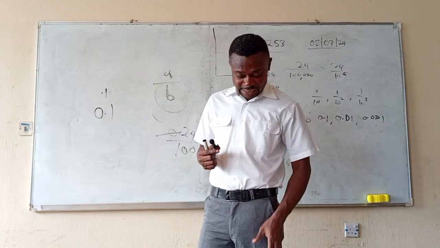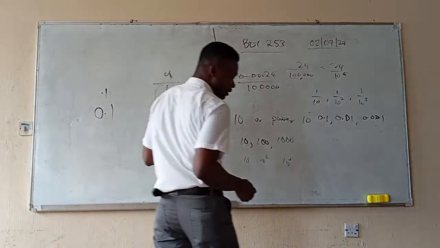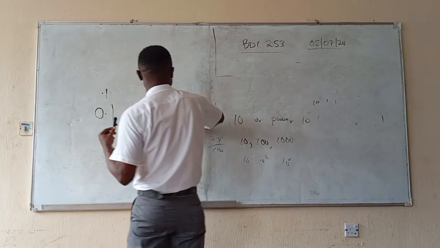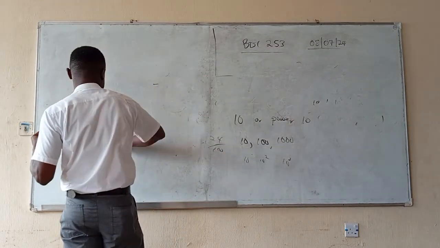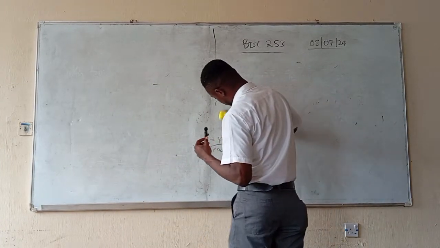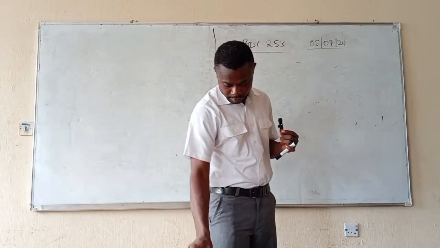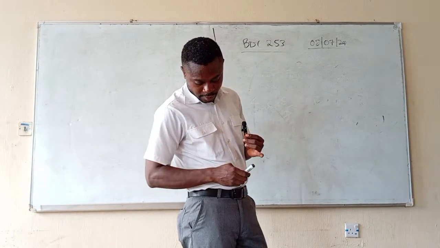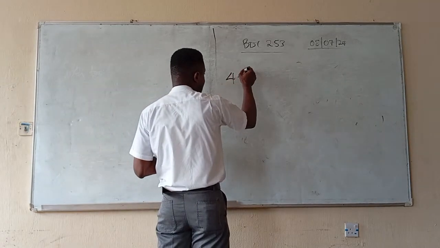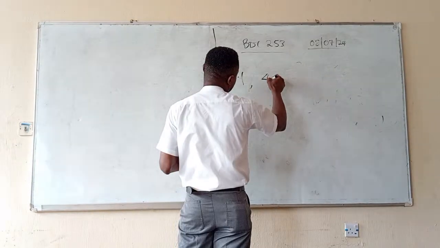So now let's look at these questions from the revision questions and see if we can solve them. Look at this decimal, 4.1, 4.01.